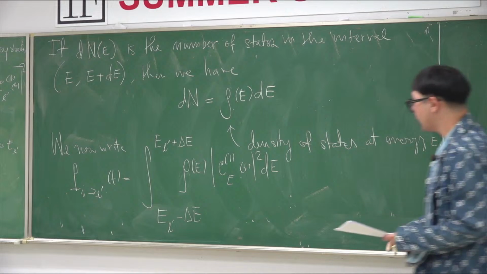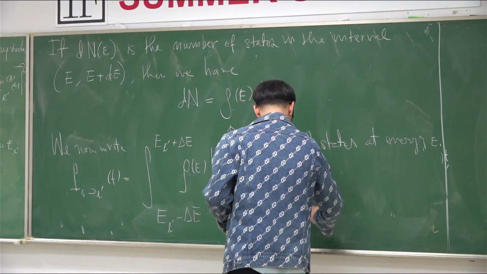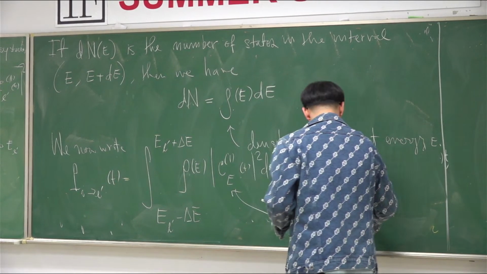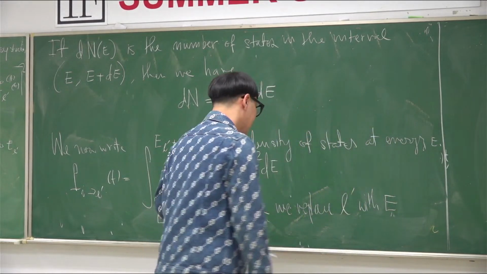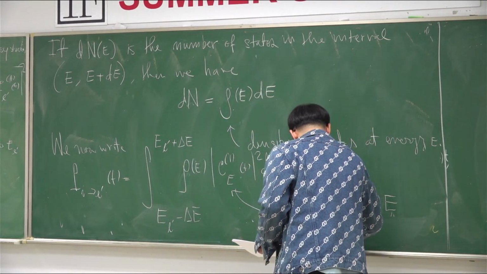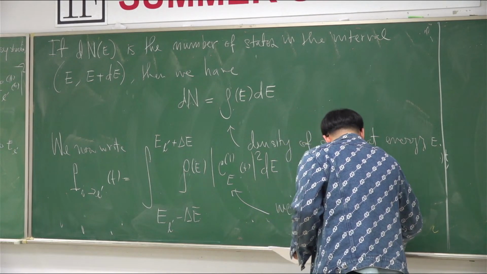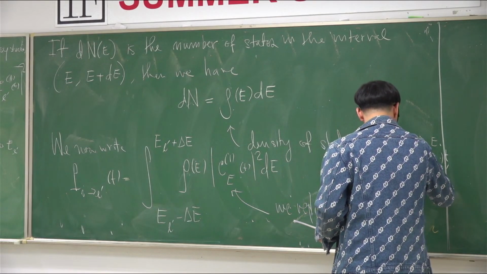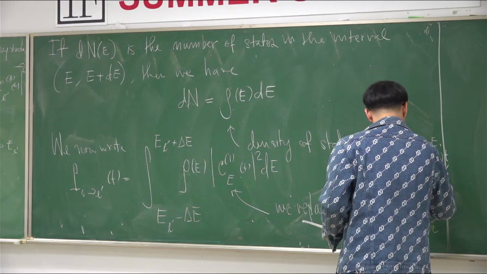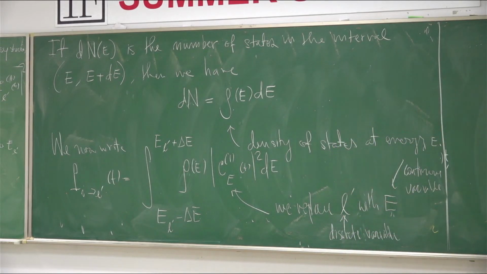So here we replace our L with E. Okay, so this is a discrete variable, to be made continuous.